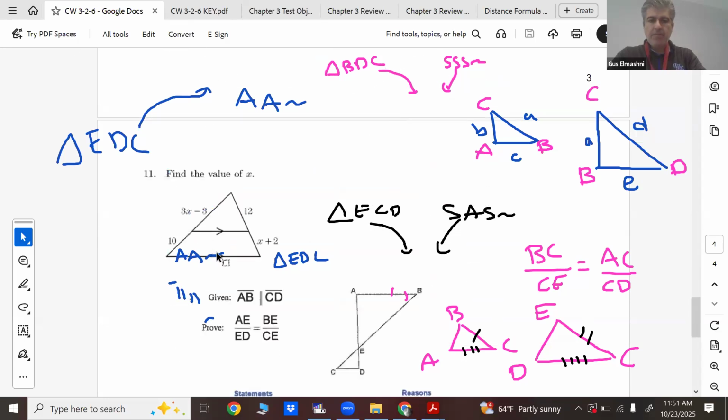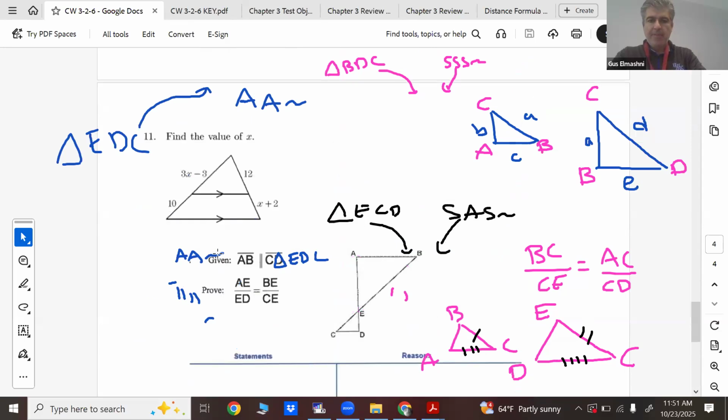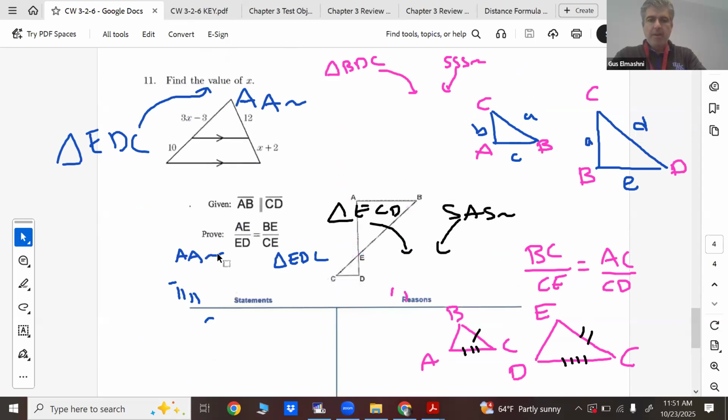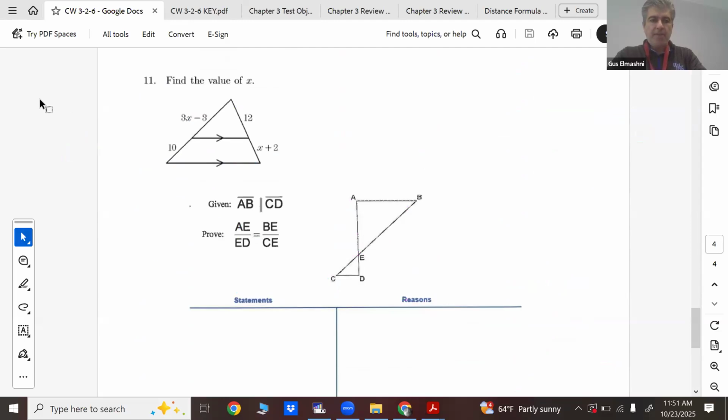All right, last page. We got a couple proofs here to do. For number 11, we kind of just toss that one in there. It looks like a screenshot. By now you guys know that there's gonna be a ratio, right? You have something on the left side, something on the right side.